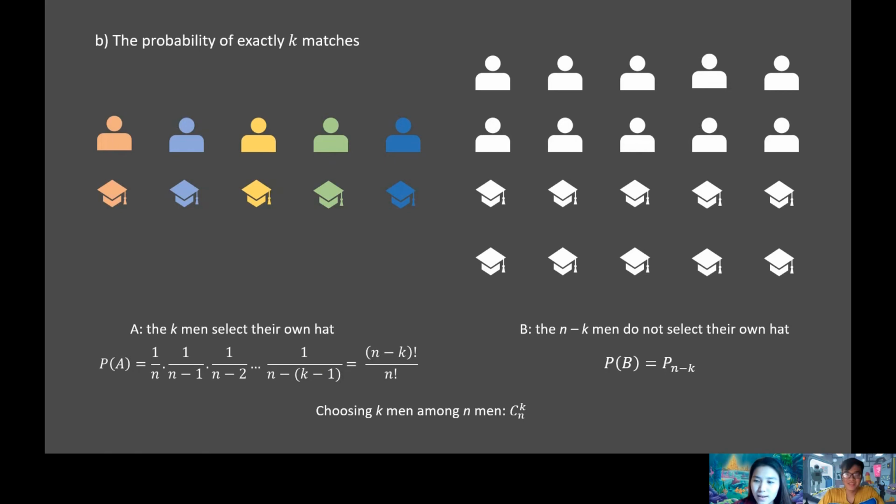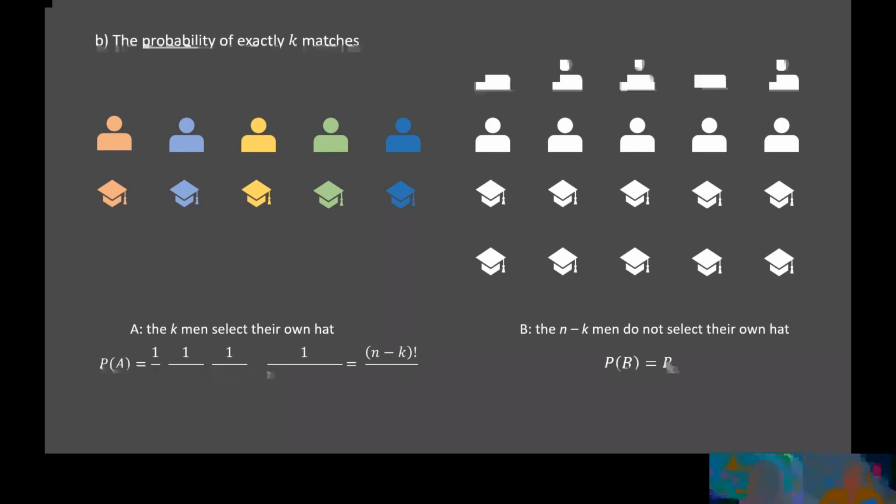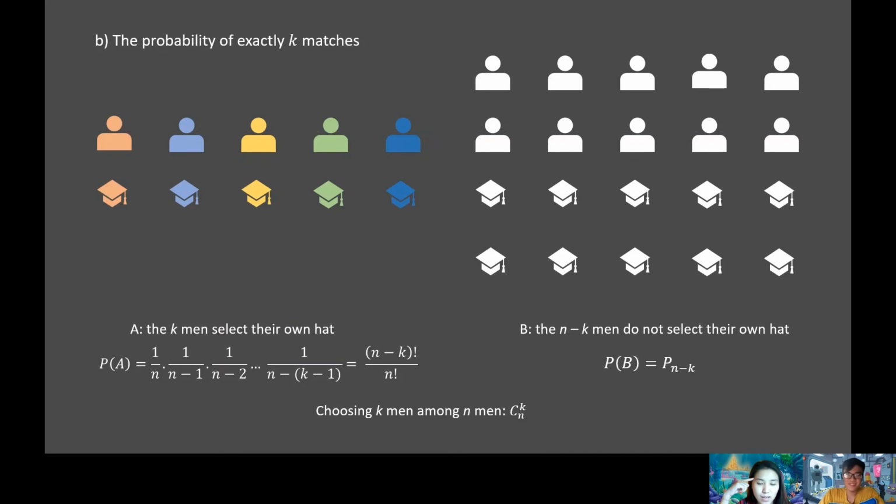Move on to the second event. Actually, that would be the probability that we have calculated in the previous part. So we just adopt it, and that would be Pn minus k. Okay, I hope that was clear for you so far.